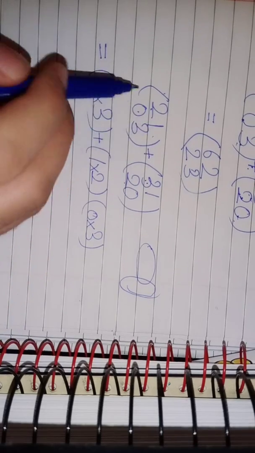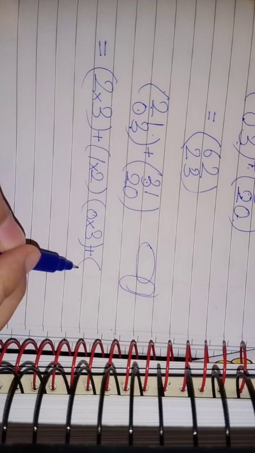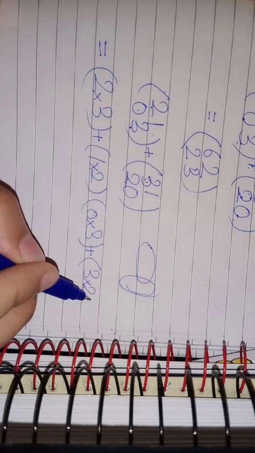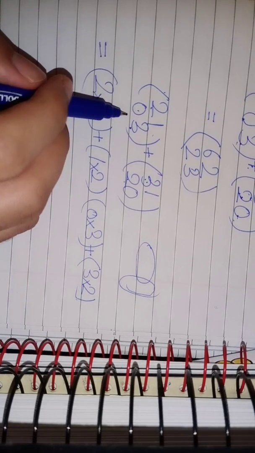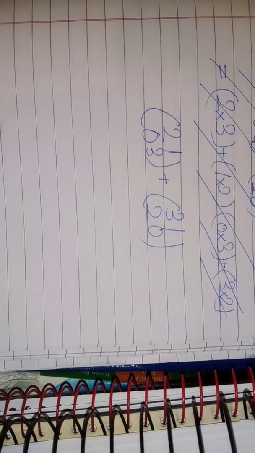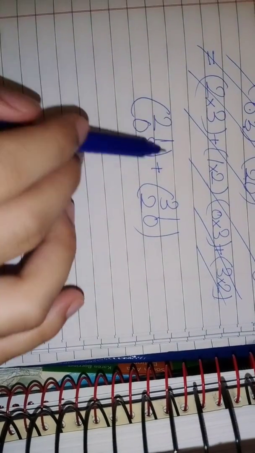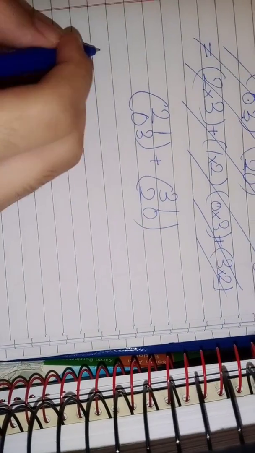Now we're at this one. Plus 3 into 2. So we were talking about multiplication in matrices, rows with columns. Let's do this.